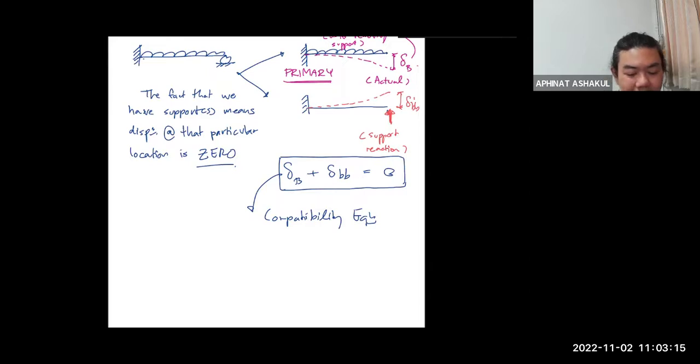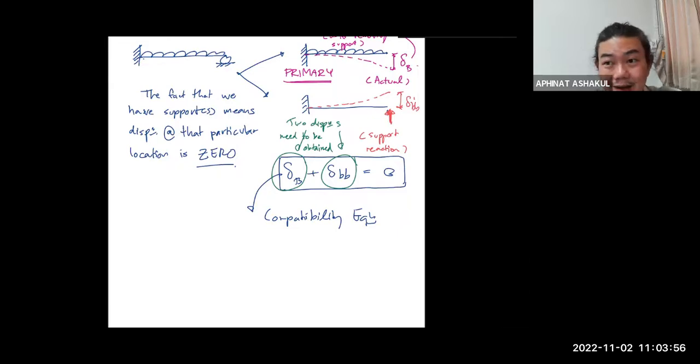You can see why we stopped here and went to the virtual world: in order to construct this compatibility equation, you need to calculate two displacements. So our objective in the calculation of displacement is so that we can put them into our compatibility equation to solve our indeterminate structure.